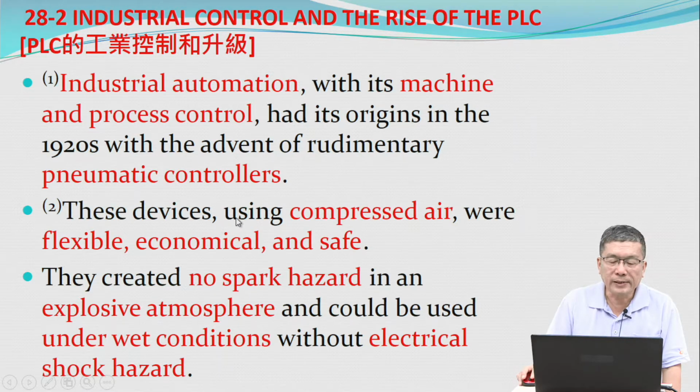These devices, using compressed air, were flexible, economical, and safe. They created no spark hazard in an explosive atmosphere, and could be used under wet conditions without electrical shock hazard.